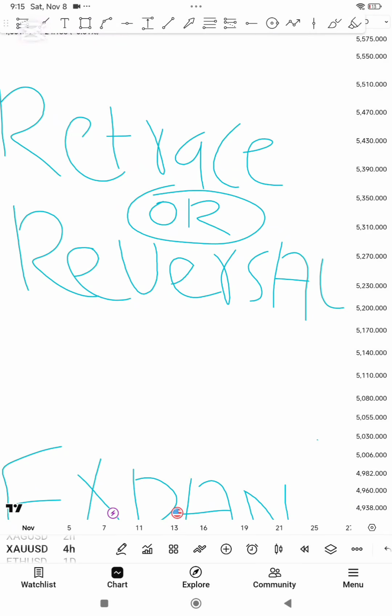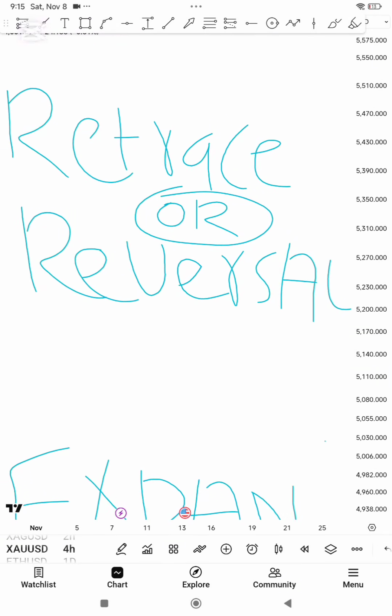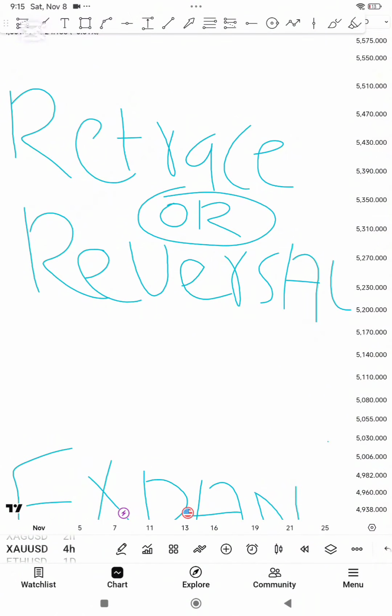So after consolidation, expansion is guaranteed. There will always be expansion after consolidation, but after expansion there can either be a retracement or a reversal.